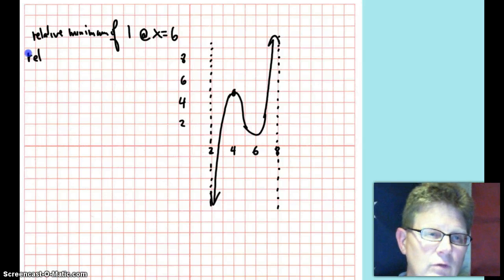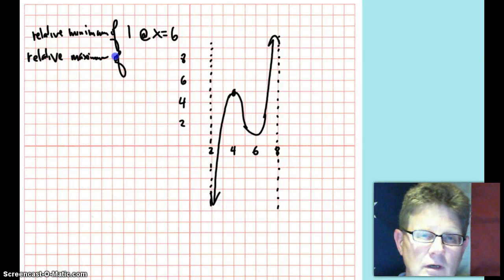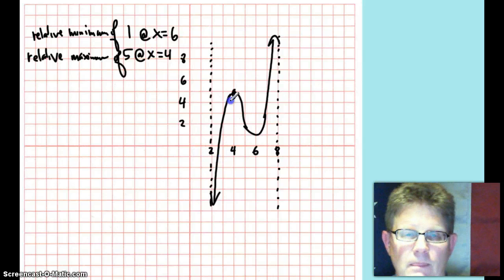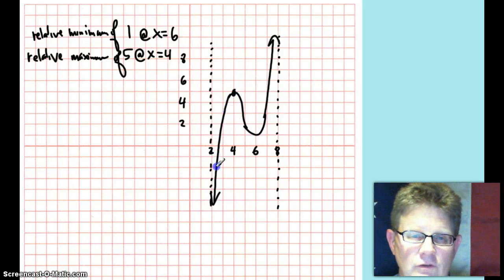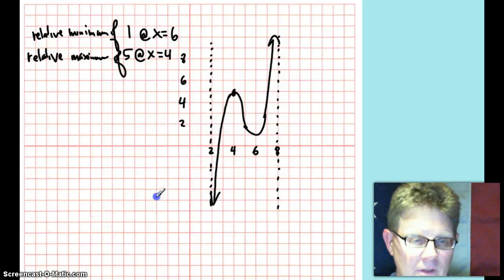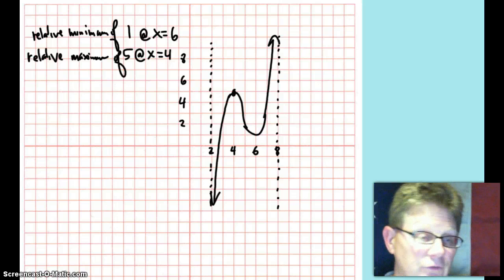We have a relative maximum of 5 at x equals 4. Because this function goes down and approaches that but never gets there, as well as this asymptote here, we're not going to have any absolute maxes or mins on that. Now let's see a couple of functions written but not graphed and see how well you do.